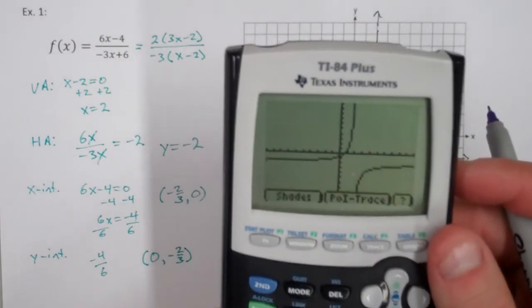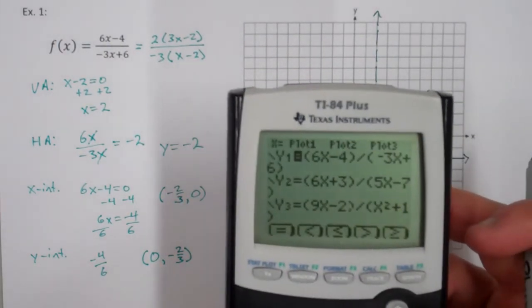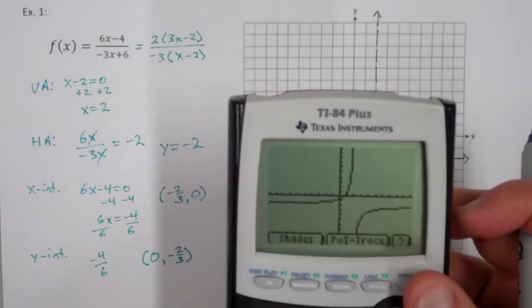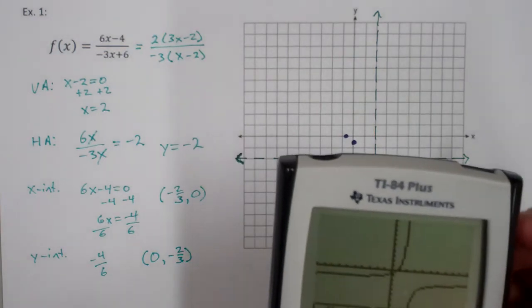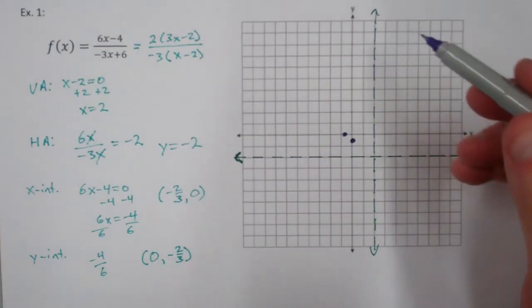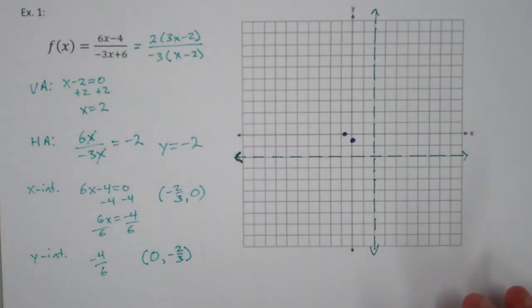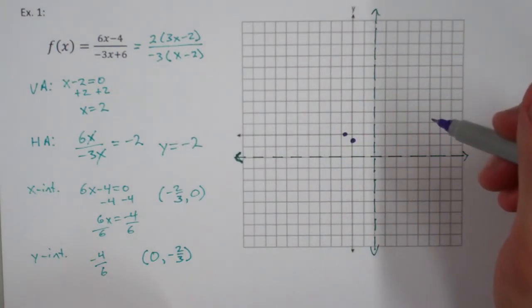We can see here, looking at the first graph that appears, that this graph is going to look curved, kind of like this. So I'm thinking I made maybe a slight error in finding the x-intercept. I hope I didn't, but it's quite possible.